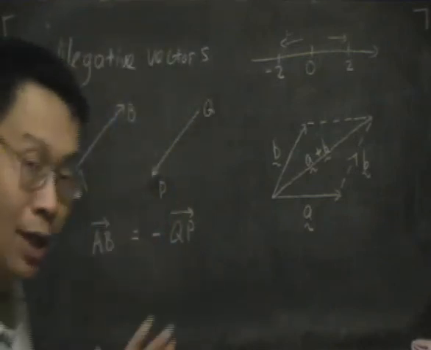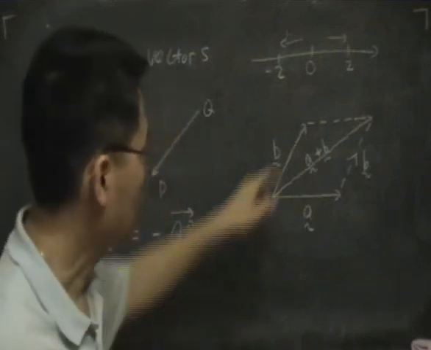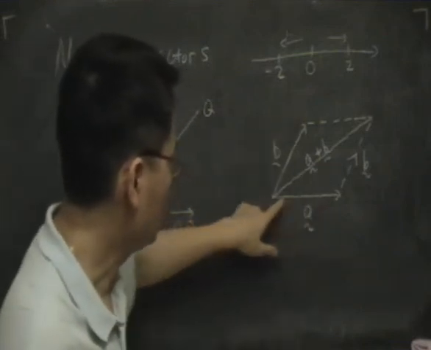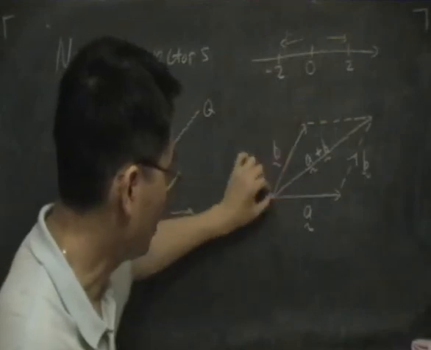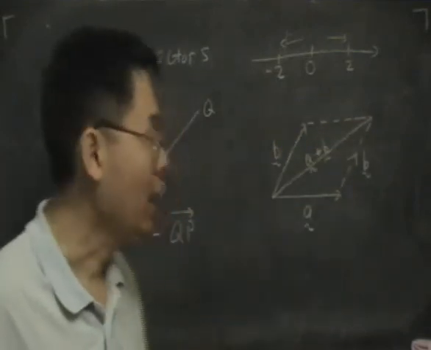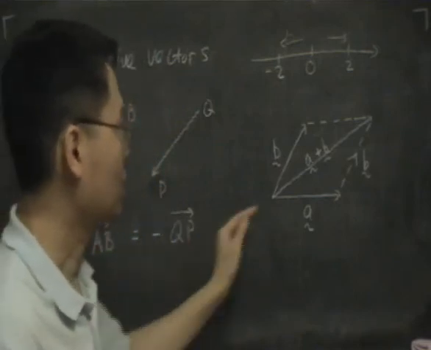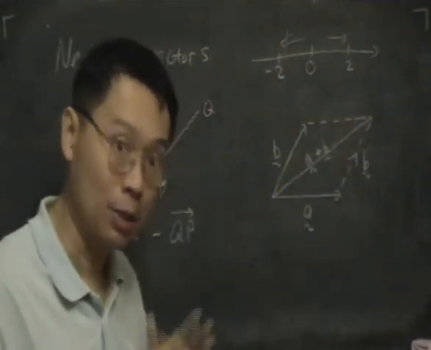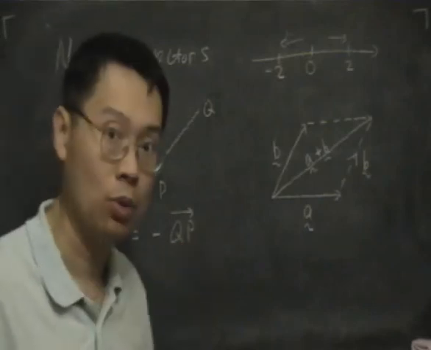But this is just another way of doing it, by looking at these two vectors when they're joined tail to tail. We can complete a parallelogram and find the answer by drawing this diagonal. So sometimes this way of doing it is more convenient.